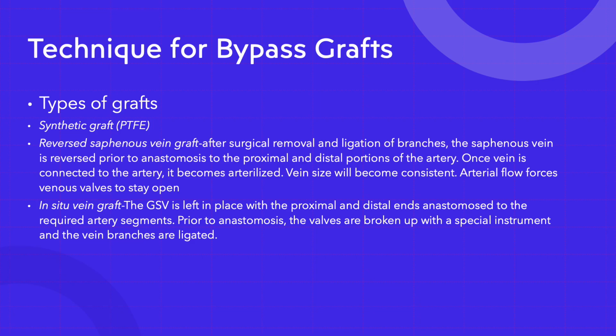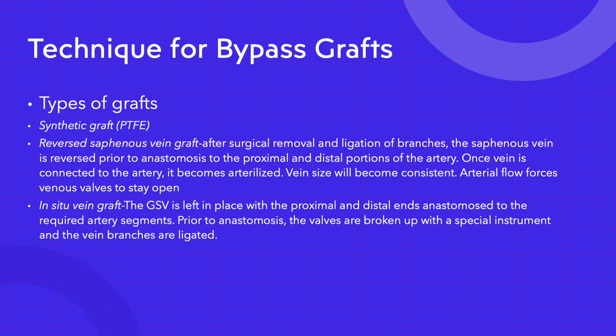Reverse saphenous vein graft is they will take the GSV out, get rid of all the branches, turn it around, and hook it in to your artery. That vein, the GSV, will become an artery. Or they can take the GSV, leave it in, they don't take it out, and just hook it in to the artery.